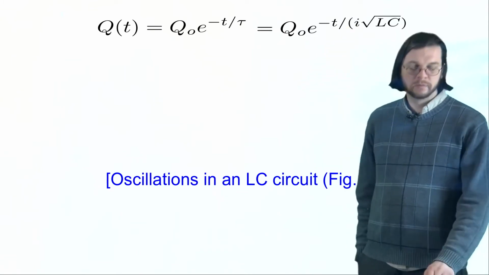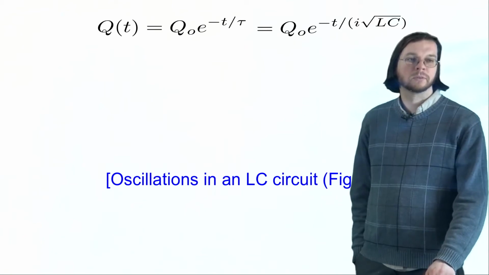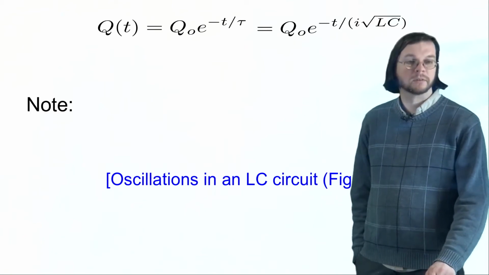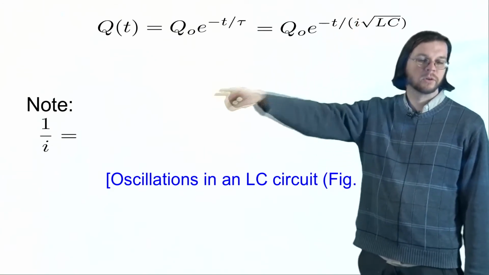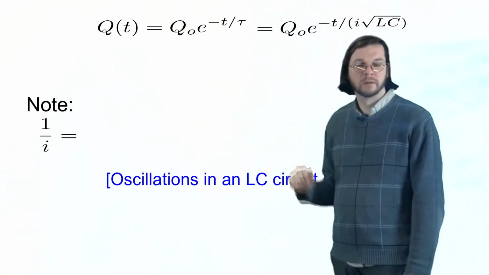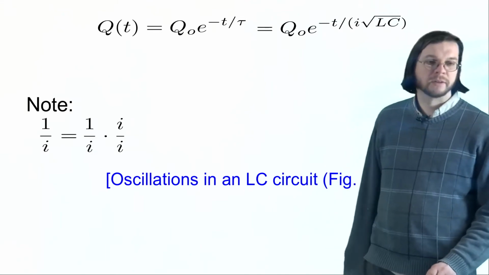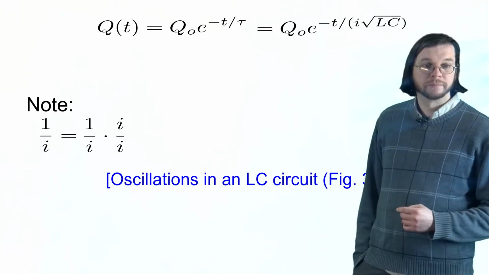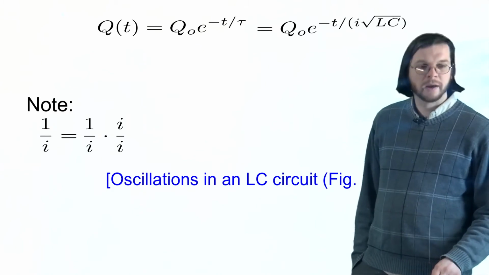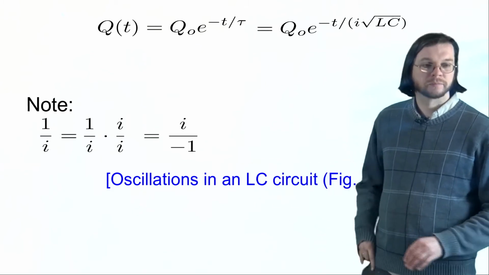And you can do some clever manipulations of that, right? So 1 over i, which is kind of what we're dealing with up here. 1 over imaginary. We can multiply that by imaginary over imaginary, because that also equals 1, right? And so on the bottom, i times i is minus 1.